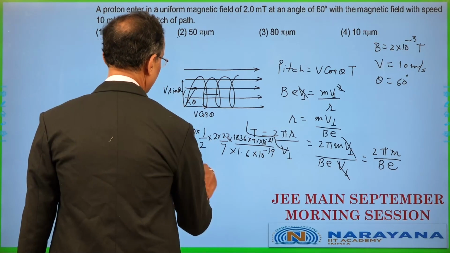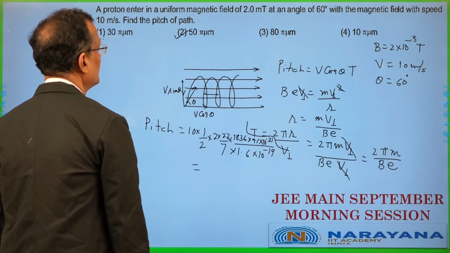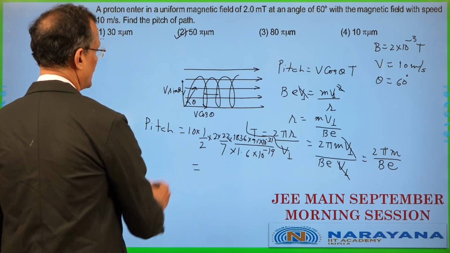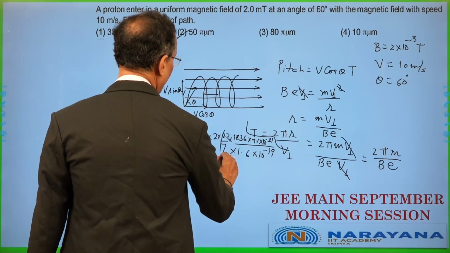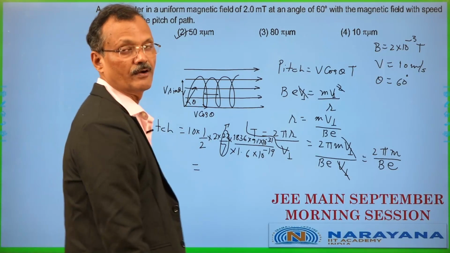Calculate it and you will get 50 pi micrometer. No need to change this pi, let it be pi because in the answer pi is there.